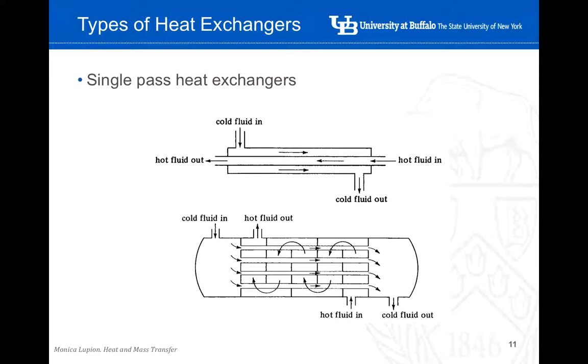We mentioned the distinction between the single pass heat exchanger and the multi-pass heat exchanger. So basically, when one of the fluids, like here in this case, only passes once through the equipment, then we call it a single pass heat exchanger.